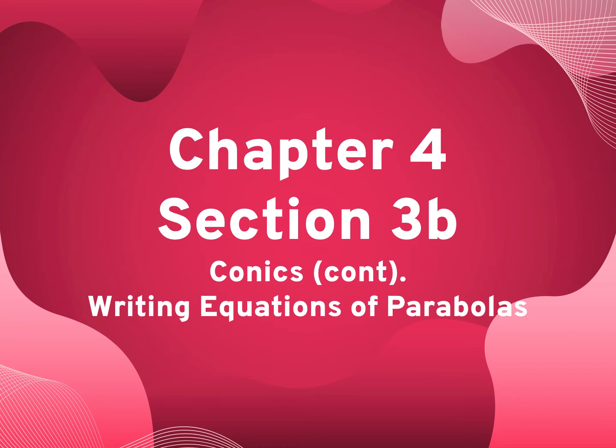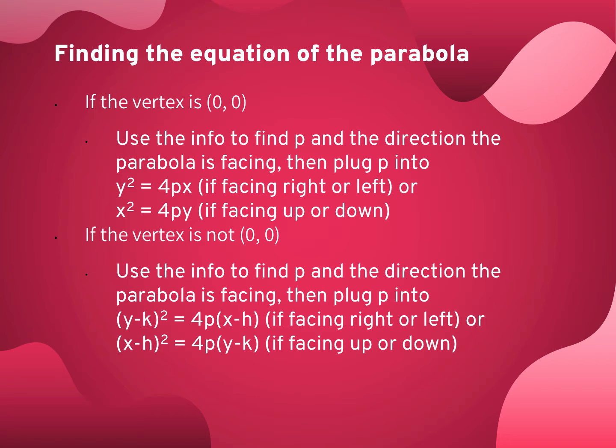So here are going to be our steps. When we want to find the equation of the parabola, if your vertex is at 0, 0, you're going to use this information to find P and the direction that the parabola is facing. Then you'll take that value of P and you're going to plug it in.